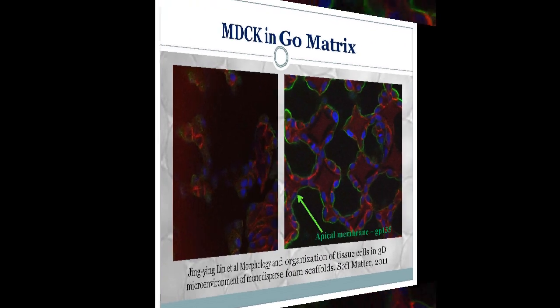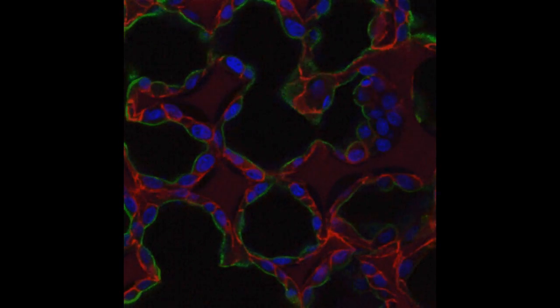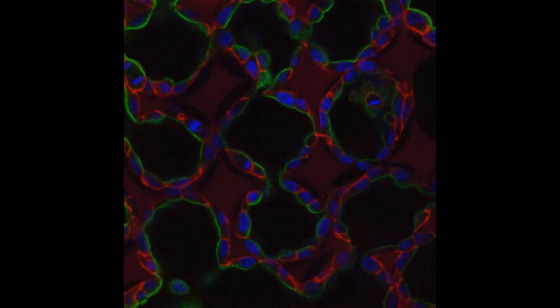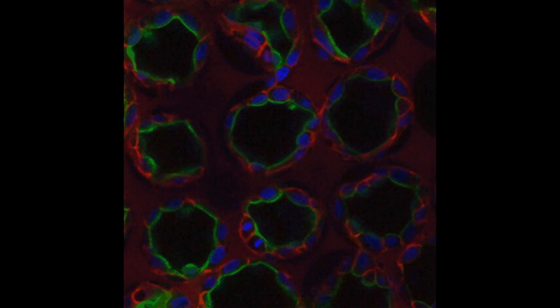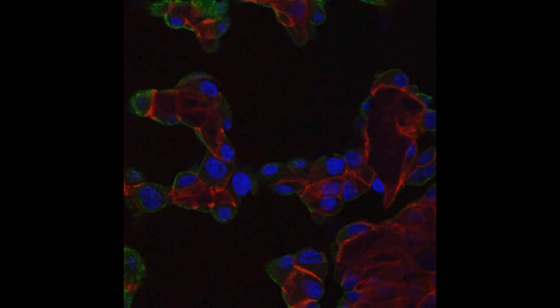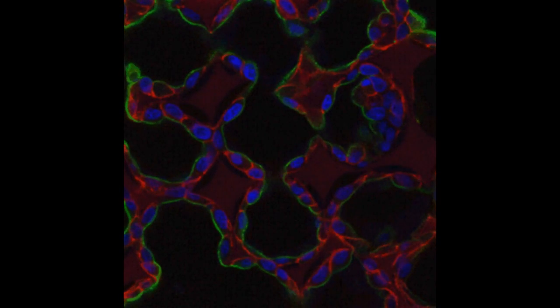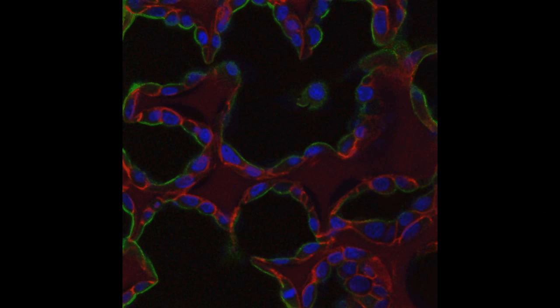Within 1 day, MDCK cells form spheres of cells that joined into both closed structures and open interconnected structures. That is, closed and open cysts at the pores and the aggregates. In the picture, you can see apical membranes in green, using antibody against GP135.